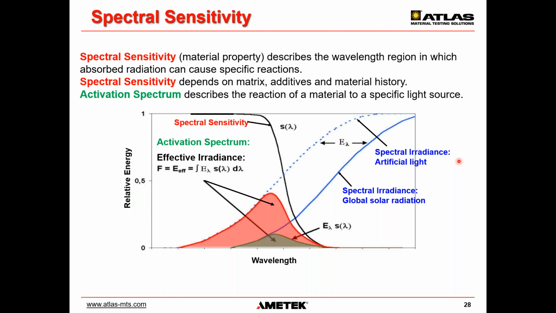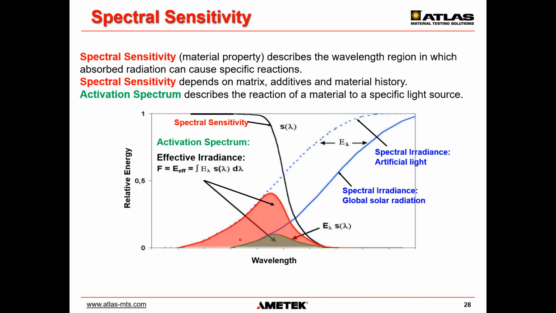And on the other side, you have the light source, the radiation source. In the areas where you have photons present and you have a spectral sensitivity, so when the two curves overlap, that's the area where you can actually observe degradation. And the higher the photon energy, the more severe the degradation.